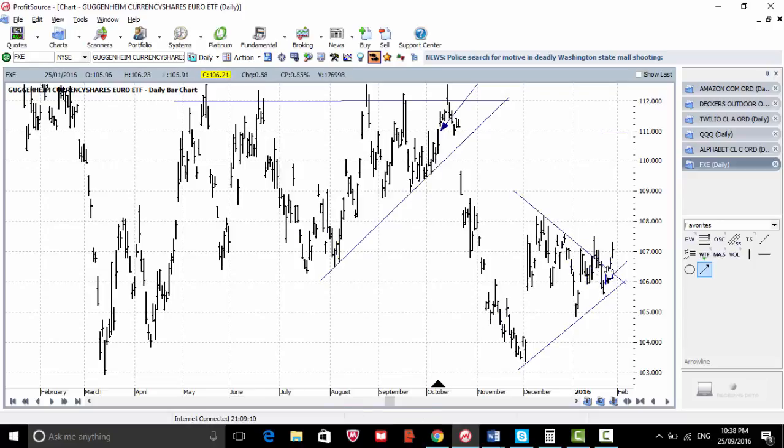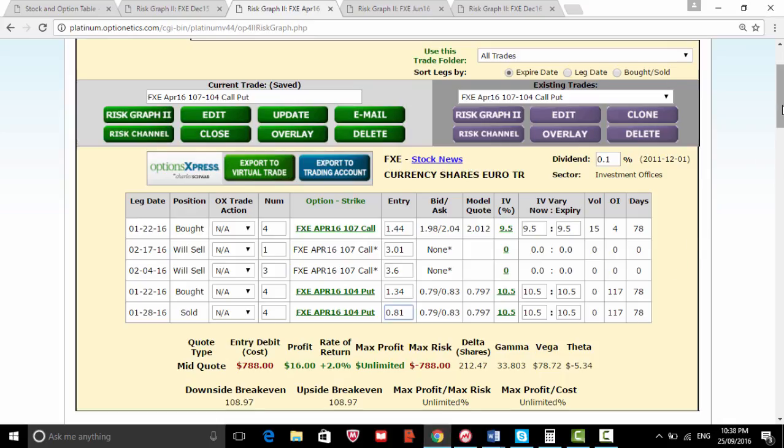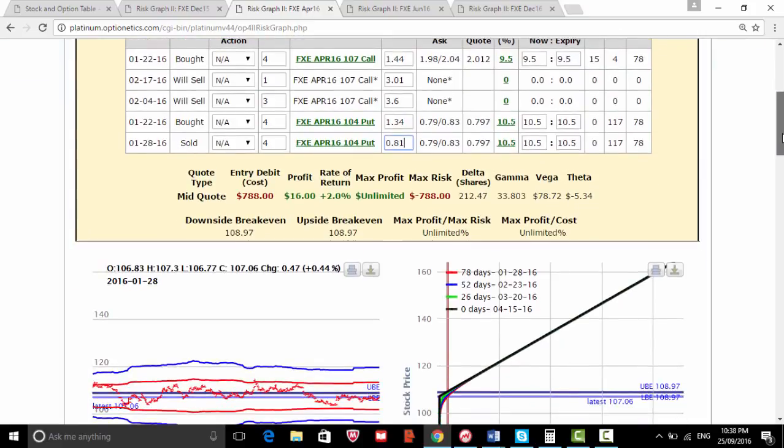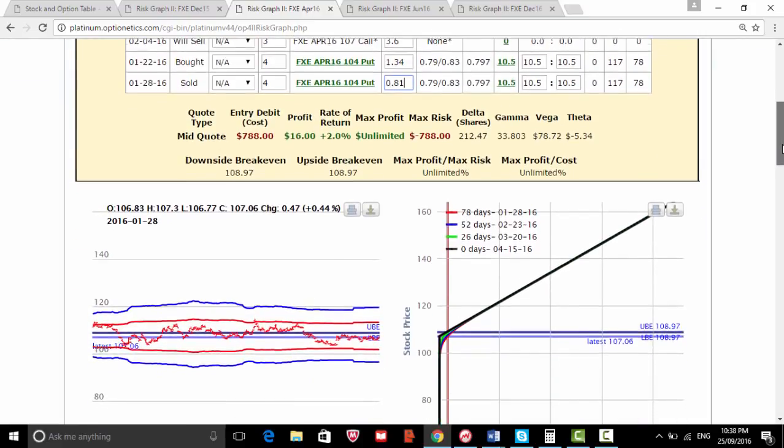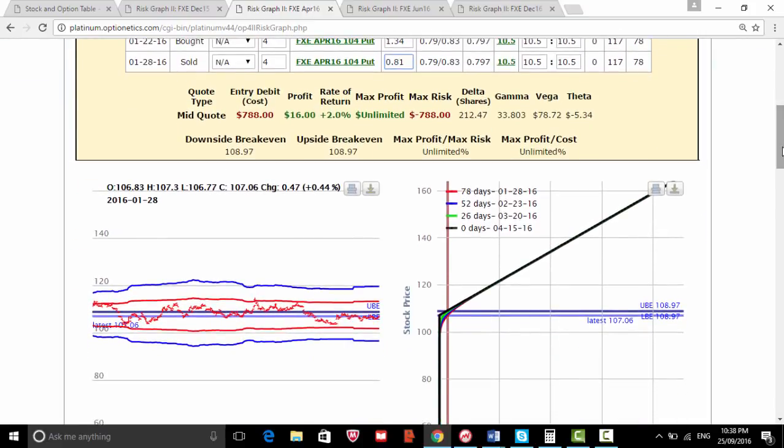And obviously, because it's moved up a little bit, we took a bit of a loss on the put options that we had, because they only profit as the stock moves down and they actually lose money if the stock goes in the opposite direction. So if I now look at the risk graph, you'll see that we have a risk graph that is basically profiting as the stock moves up.